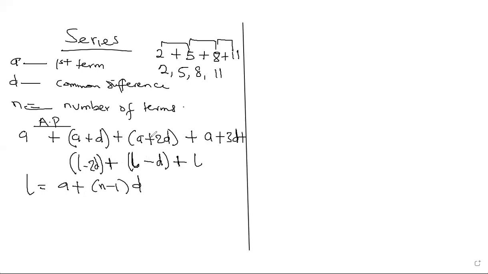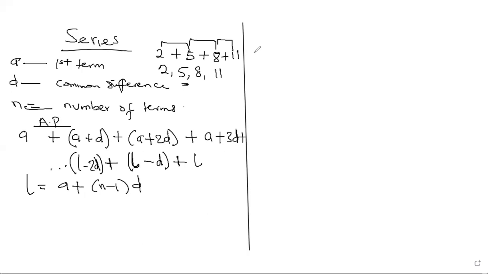So if I want to go backwards, if I subtract 3 from 11, I get the one before it. To get the one before that, I have to subtract twice the difference from 11, so that's 2 times 3, that's 6. If I subtract 6 from 11, I get 5. So this is L, L minus D, L minus 2D, dot, dot, dot. It means that this continues.